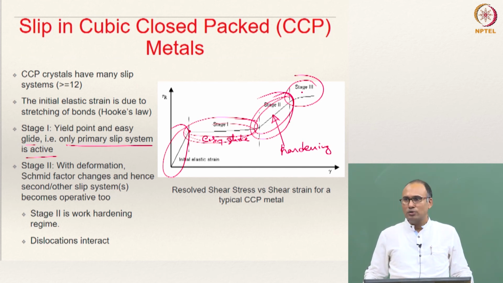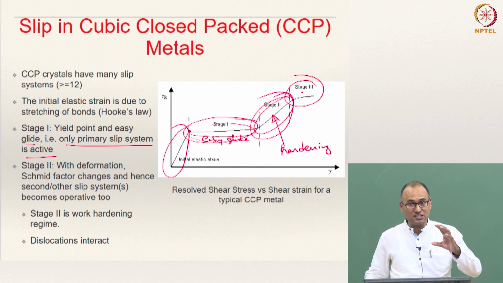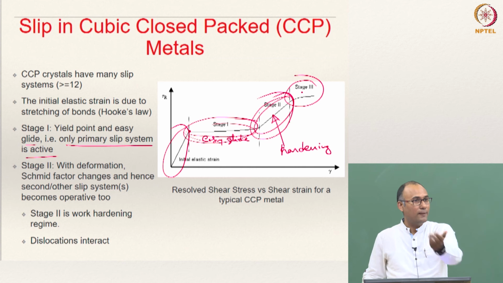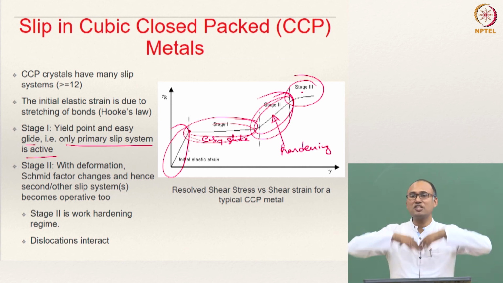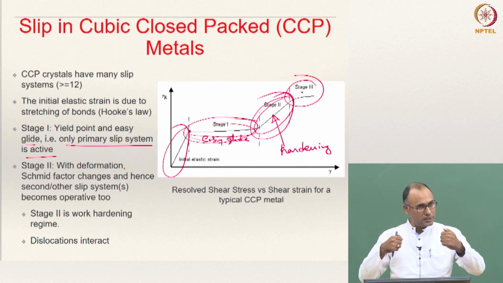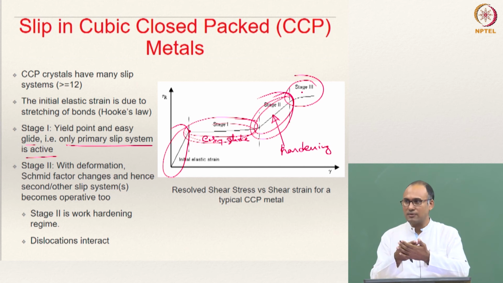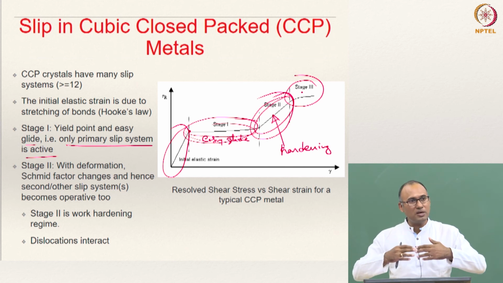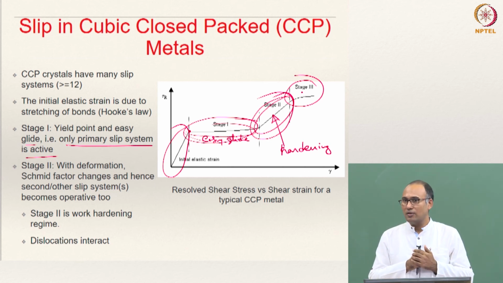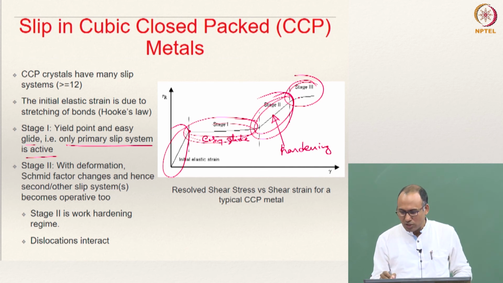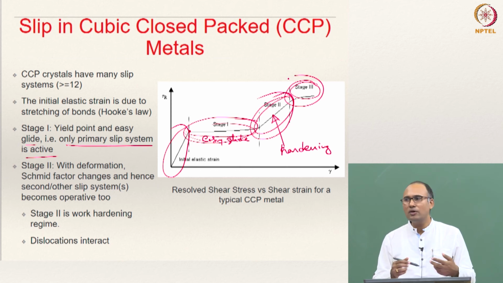You really don't have anything to stop it, because the resolved shear stress experienced by each and every dislocation, or by the dislocation locks, is much larger, so they will not be able to stop the plastic deformation, right. So that is usually stage 3, and stage 3 is usually followed by fracture of the specimen.